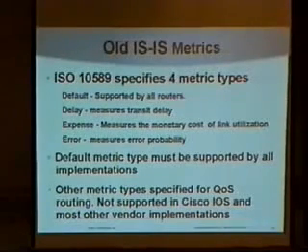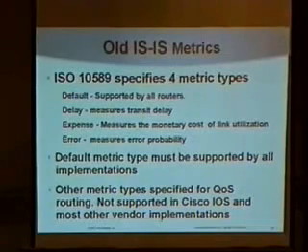I don't know whether anybody is trying to do anything else, but Cisco doesn't implement anything apart from the default. And the default is what everybody must support. The other metrics are optional, and they are intended for class of service routing, which is taking a different kind of trend with IP. So nobody really does these other metrics.